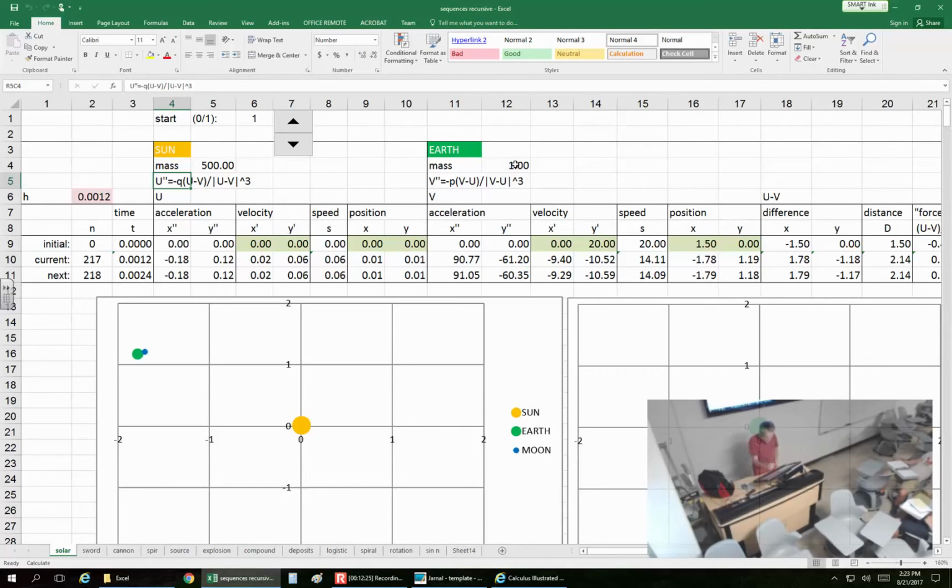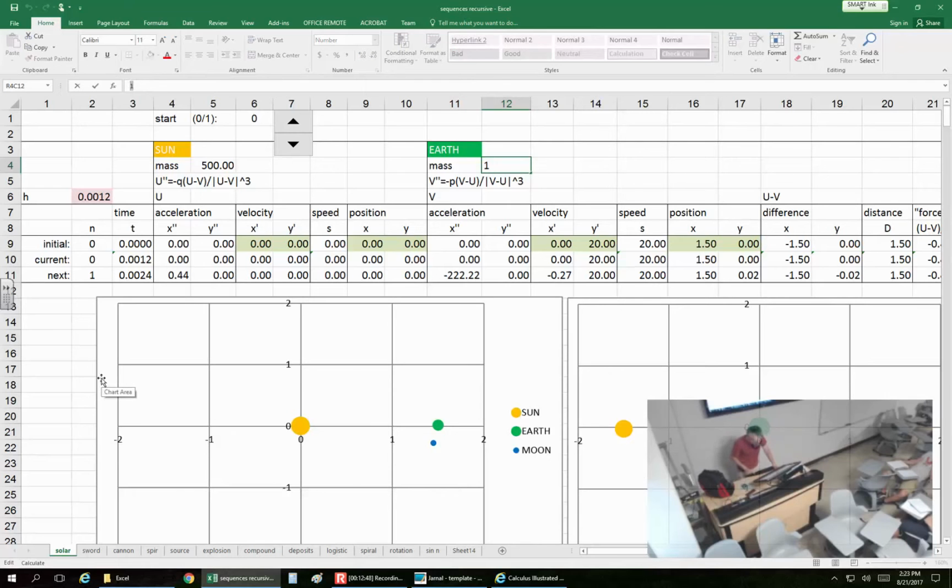What happens if I make the Earth bigger? Say I put 50 here. Let me start over. So if I make the Earth 50, a large one. Oh, what? It's not typing. Refuses to edit.